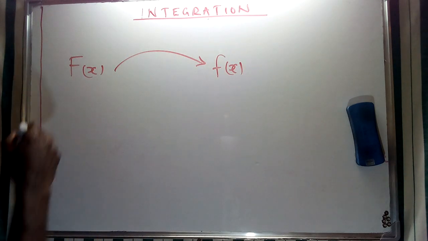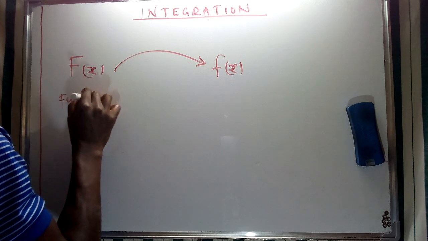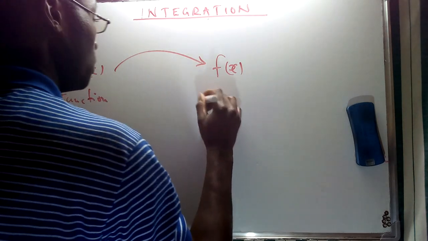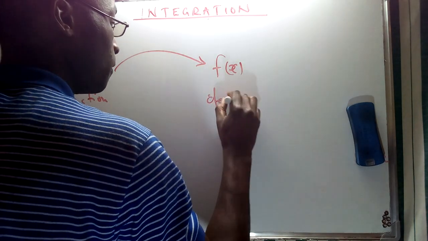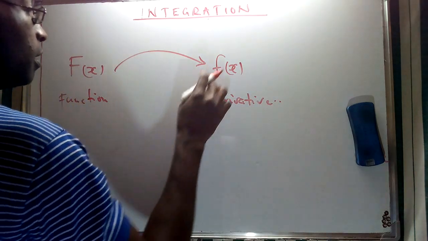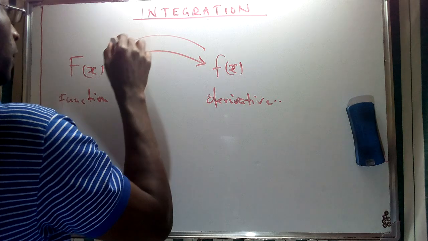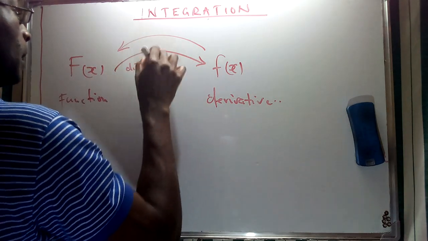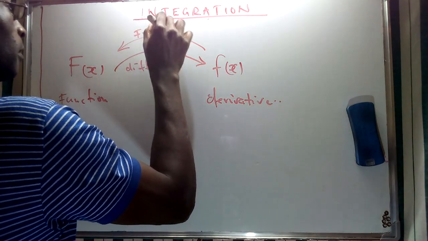Then of course, this is going to be a function, and this is going to be a derivative. And we said the reverse of this process is going to be integration, while this is differentiation.